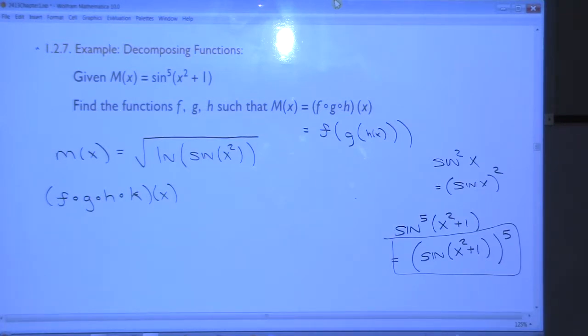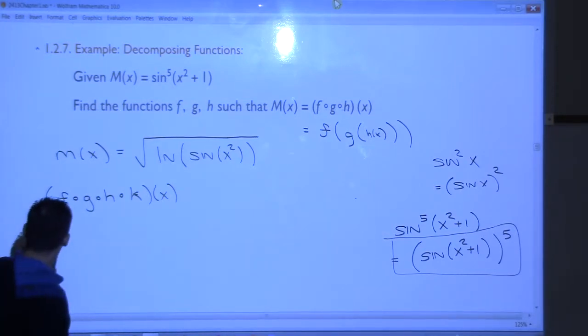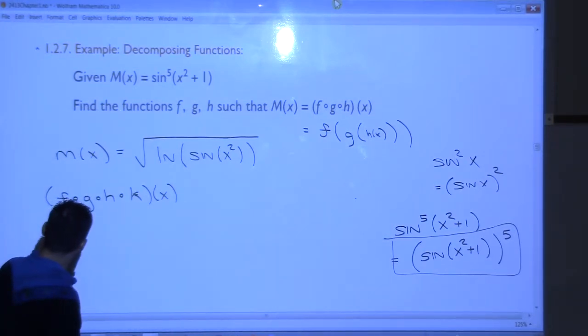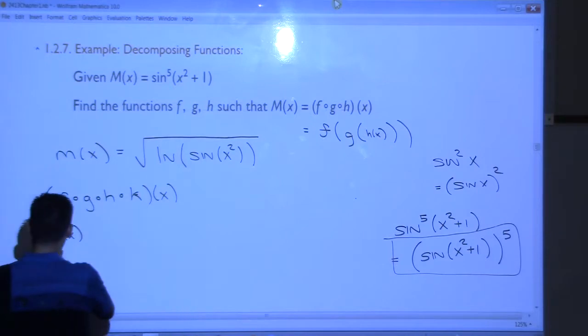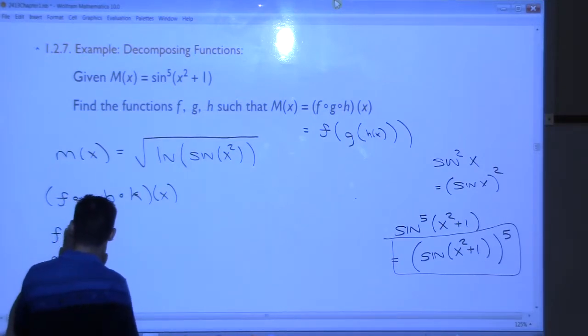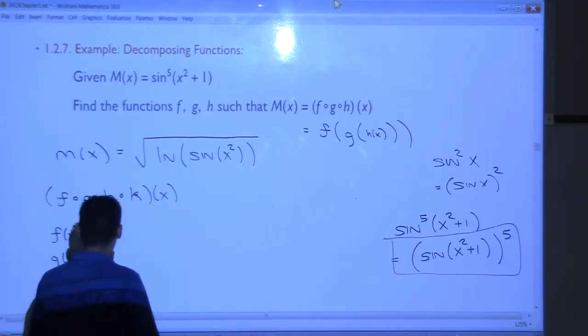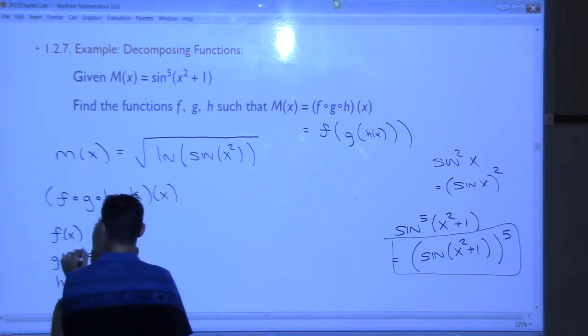I didn't use i, right? Or j? I don't know why I went straight to k. I know I like to keep i for the imaginary number, but so let's see. F is the outer function, g is the next one in, h is the next one in, and k is the inside function.